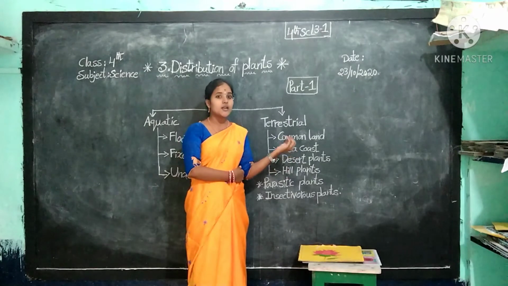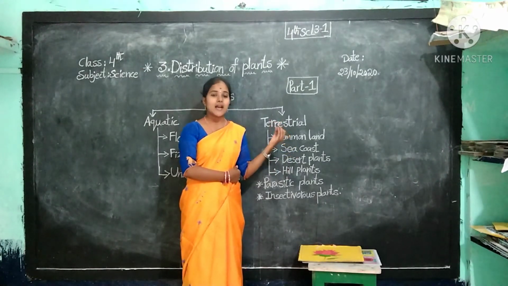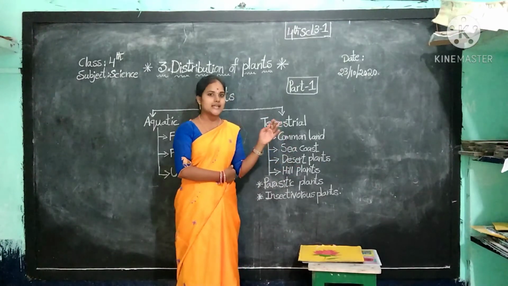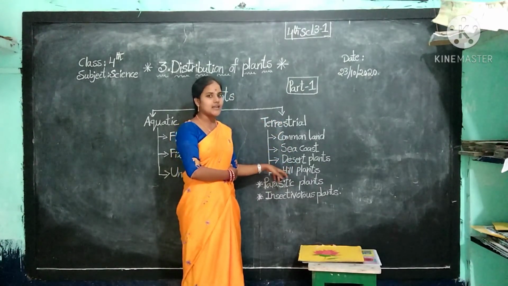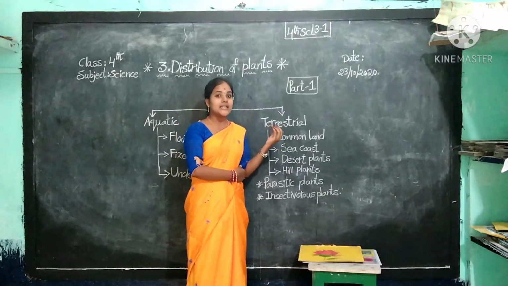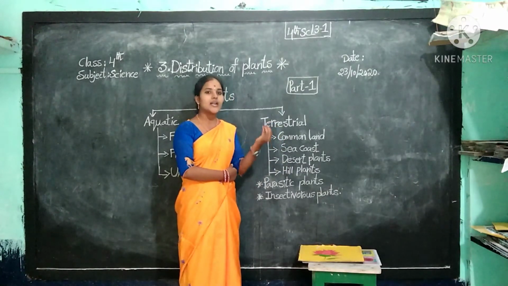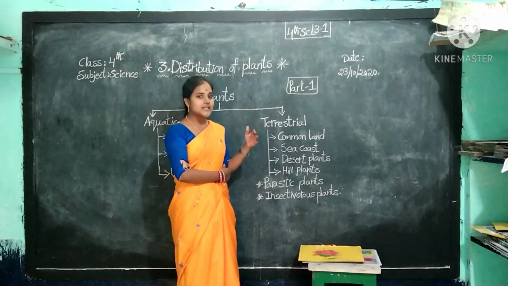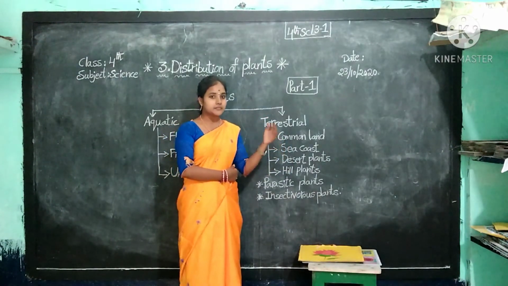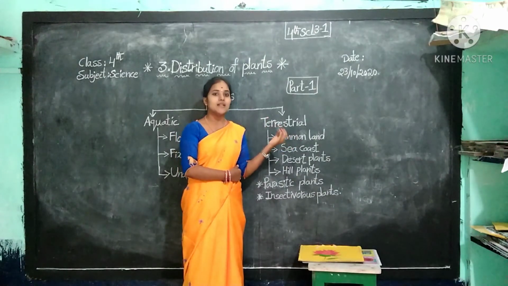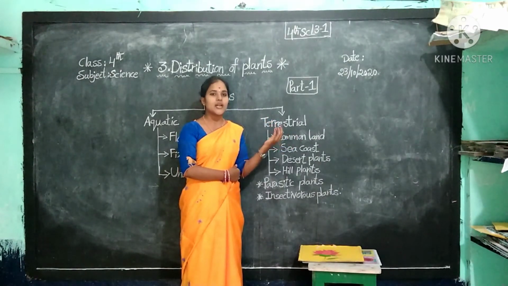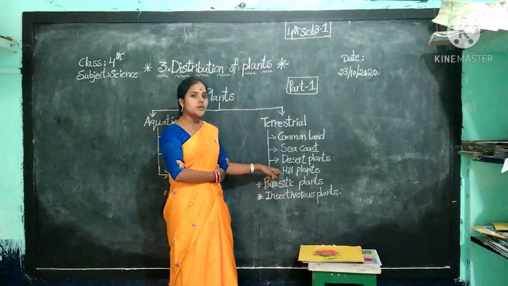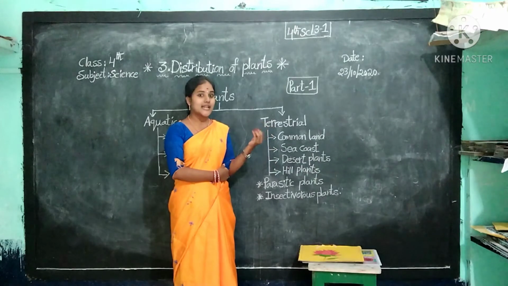And not only those, coniferous and pine trees are also grown in the hilly region. Coniferous and pines have needle-like leaves and cone-like structures instead of flowers. And the spruce tree has a straight trunk.